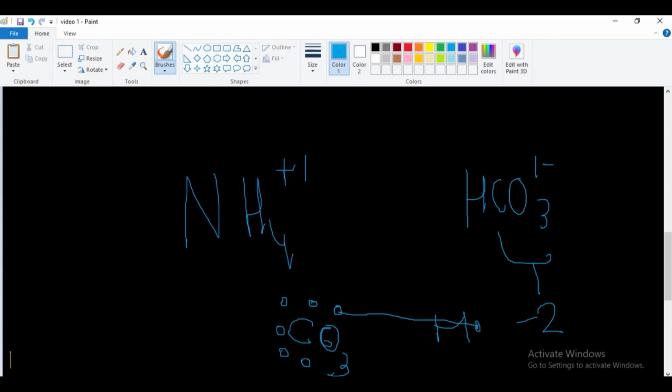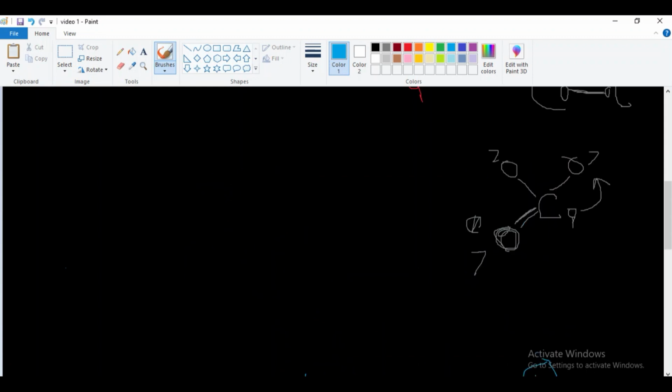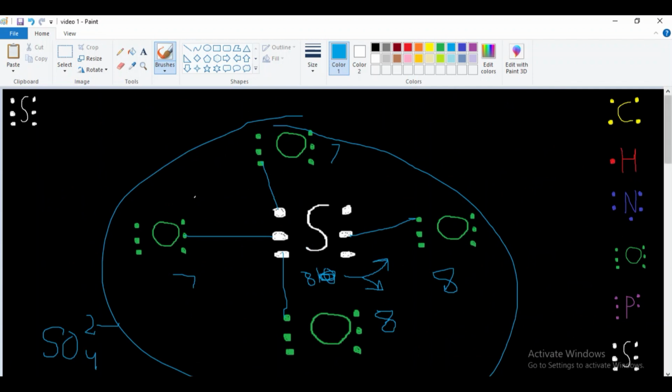If I connect this, it will now have 7, it needs one electron here. That's why its charge is 1 minus. Okay, so likewise, you can try for many polyatomic ions as well. So thank you.